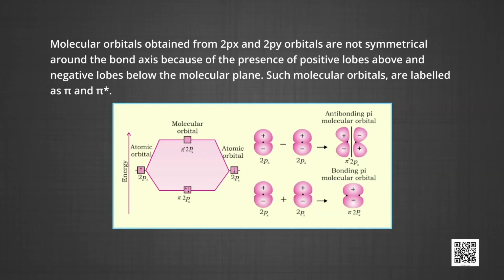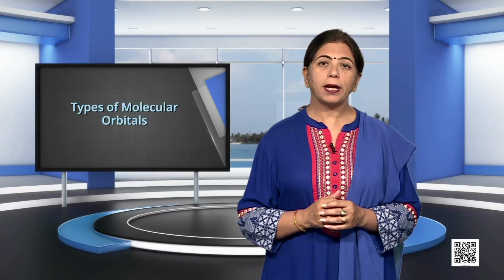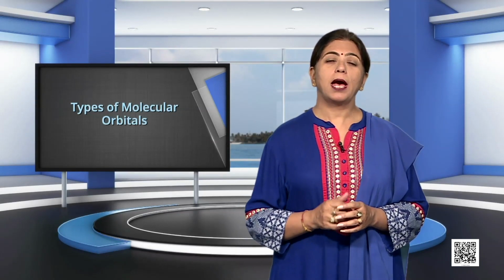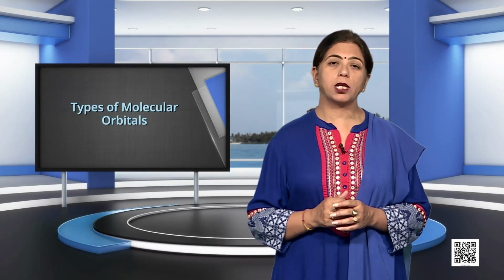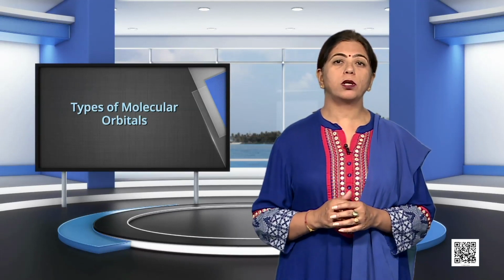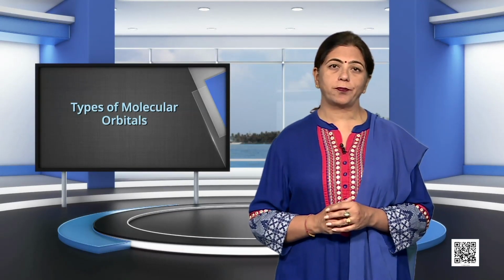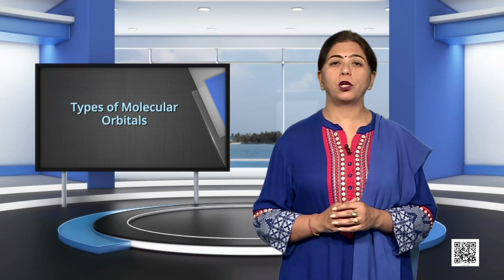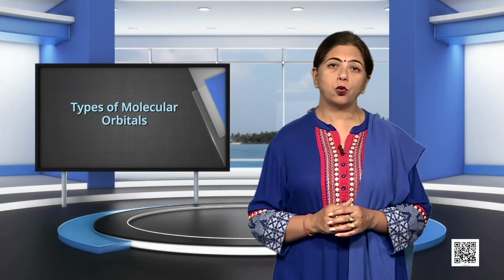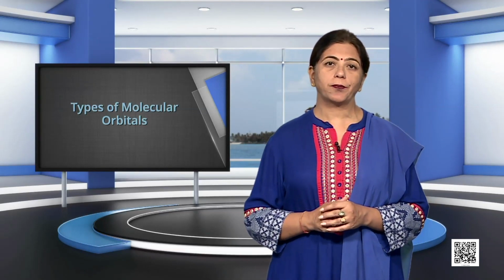Such molecular orbitals are labeled as pi and pi antibonding. A pi bonding molecular orbital has larger electron density above and below the internuclear axis. The pi antibonding molecular orbital has a node between the nuclei.